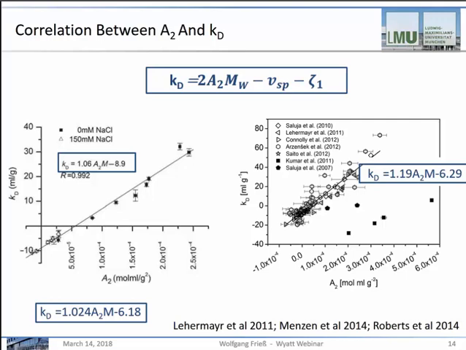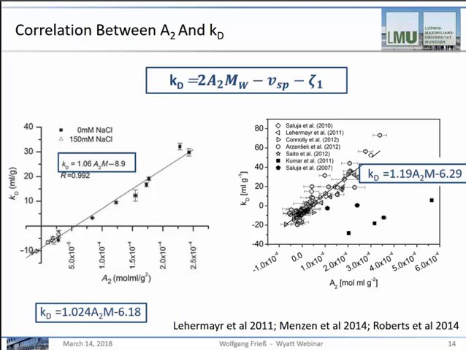In order to transfer that, we have to make corrections for the molecular weight, the friction coefficient, and the specific volume. A couple of years ago, there were several studies, and they all came to a similar correlation between KD and A2.